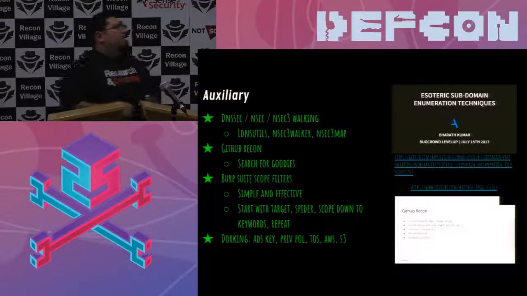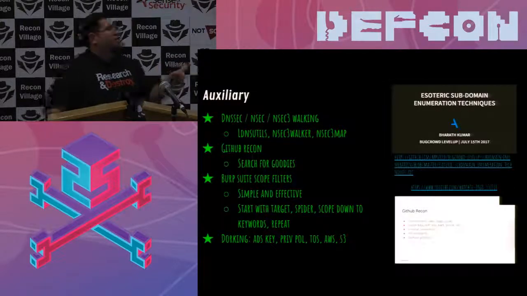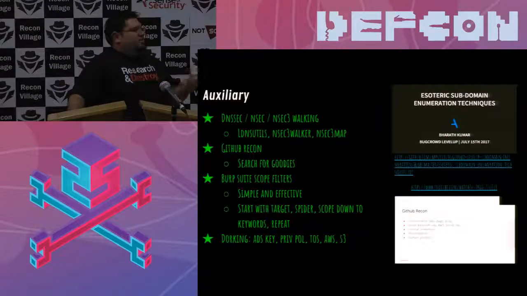And this has to do with a presentation that was at a conference that I held called Level Up at Bugcrowd. We invited a whole bunch of our bug hunters to come and talk about their techniques. He did a whole talk on this idea of LDNS walking, and NSEC walking, and then even NSEC3 walking, which are all technologies related to DNSSEC. And so the presentation there taught me a lot about these couple methods.